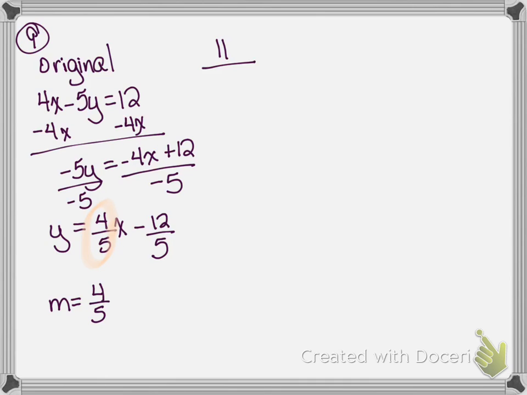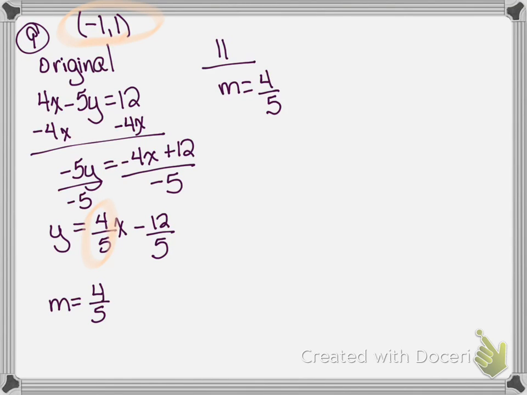Let me just check that to make sure I've got the right point. Yes. Okay, so the new lines go through the point -1, 1. So my parallel line is going to have a slope of 4/5, and it is going to go through the point -1, 1.